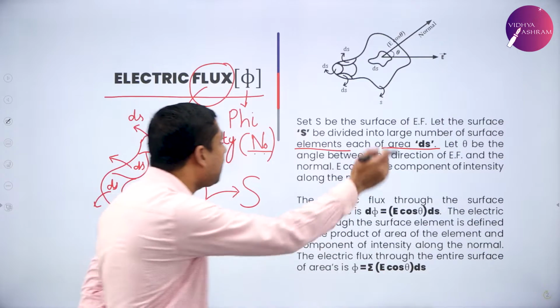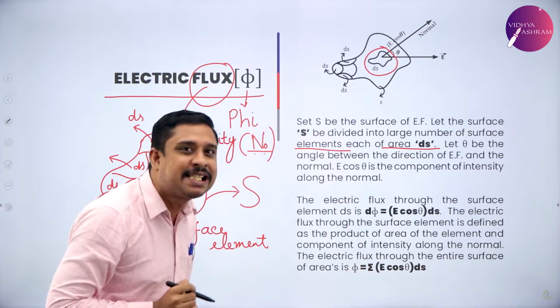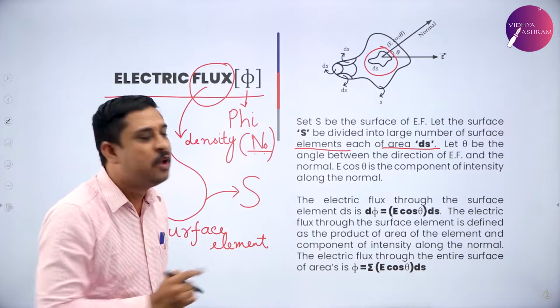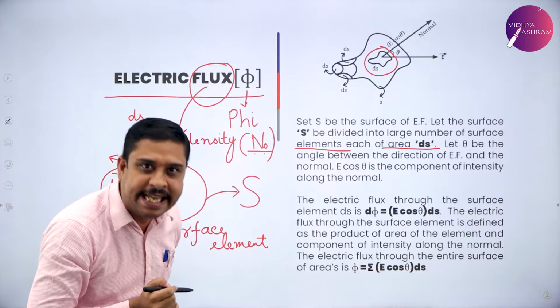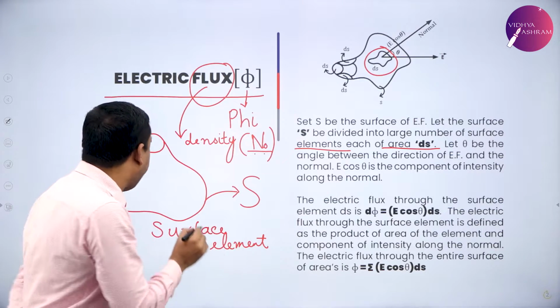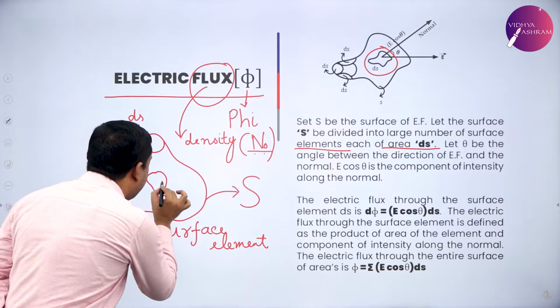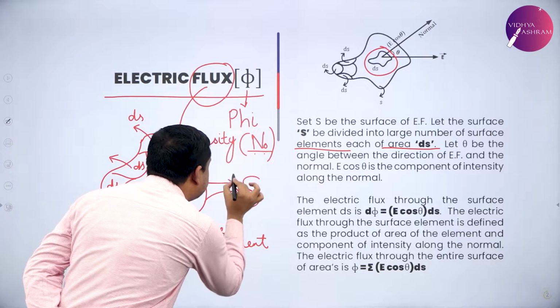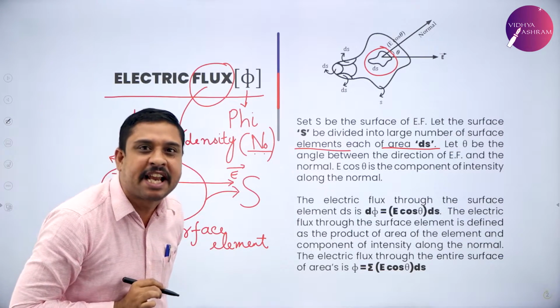Now, I am considering one such surface element, one such smaller region ds, and if this is the ds, I draw this as the direction of the electric field.